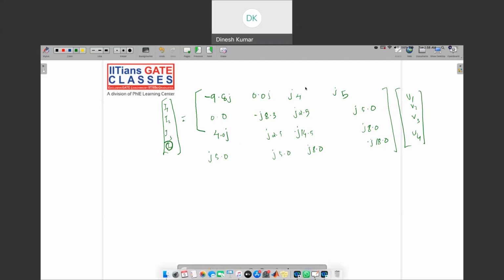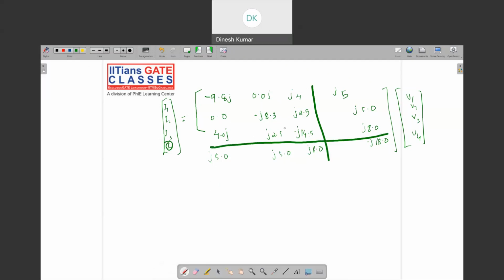So now we have to draw like this. Okay. Now we have to find the current. We can write I1, I2, I3 will be equal to this matrix. So we can align this small matrix as some Y minus, what was the equation? Y minus L transpose L by M, right?